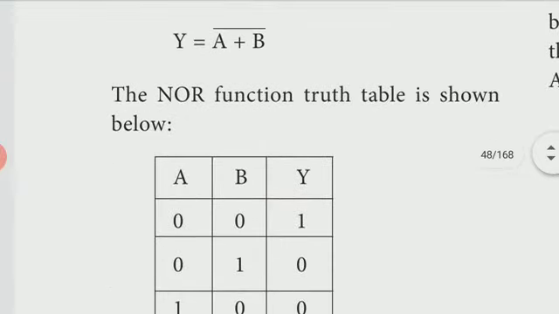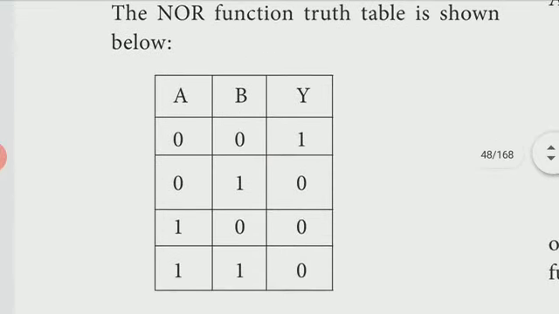Whatever answer we got for the OR operator, that should become opposite. For the OR operator we got 0, 1, 1, 1. So, here we will get the answer as 1, 0, 0, 0. That is NOR, the opposite of the OR operator.